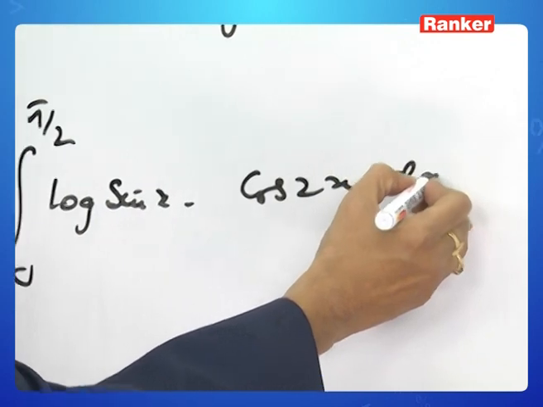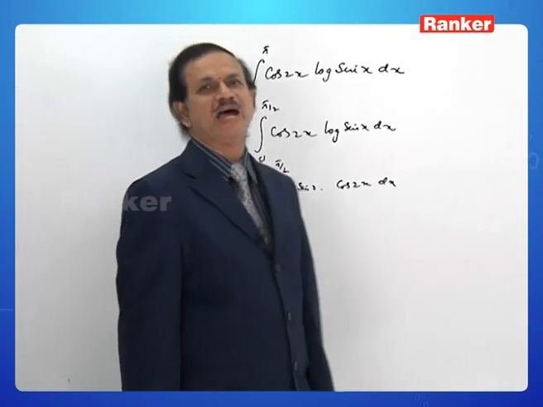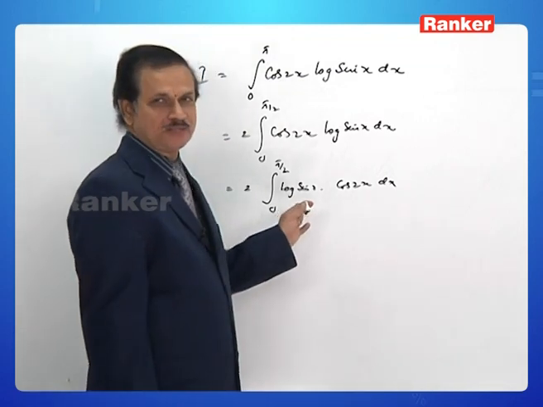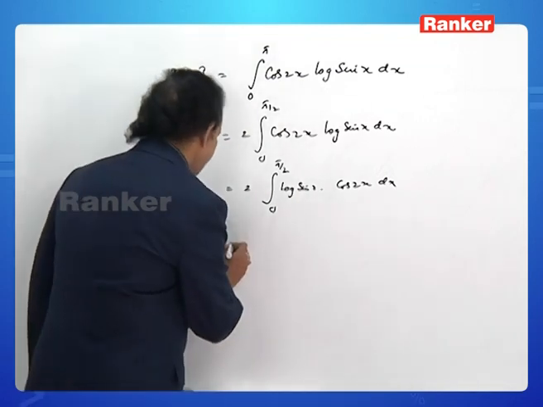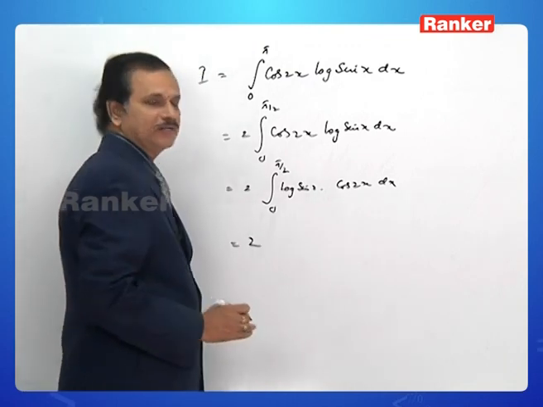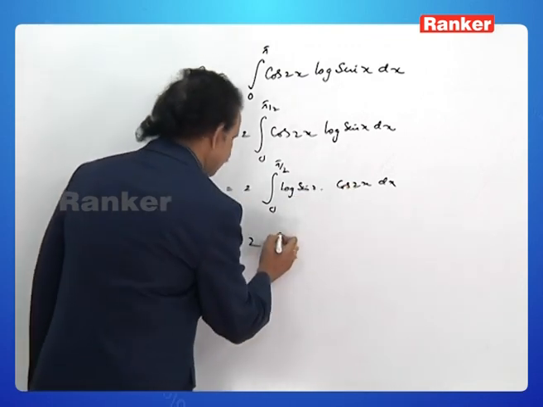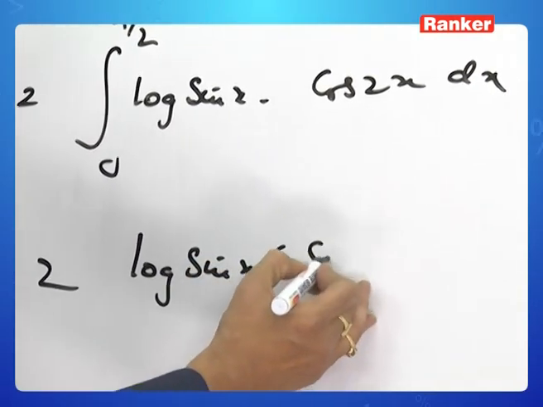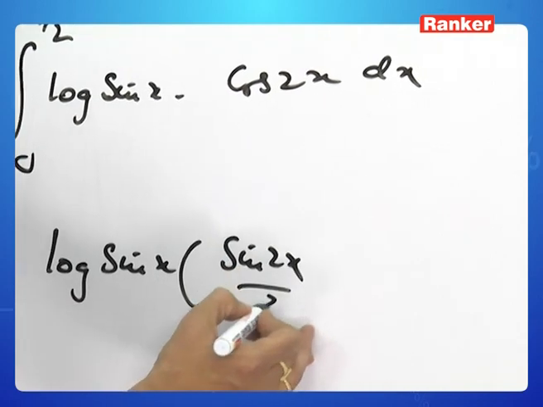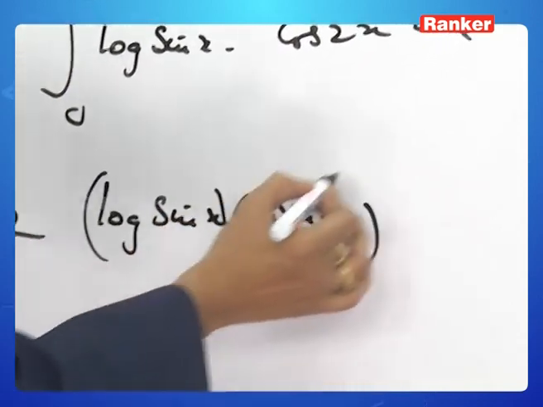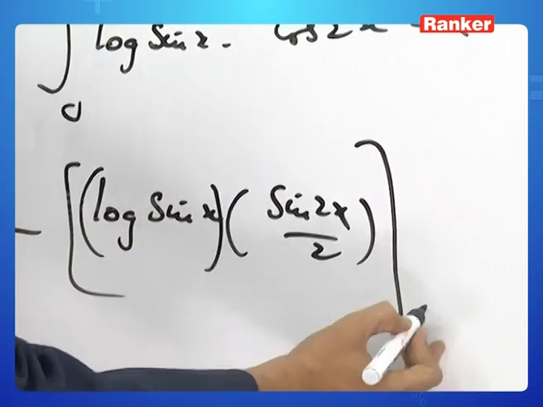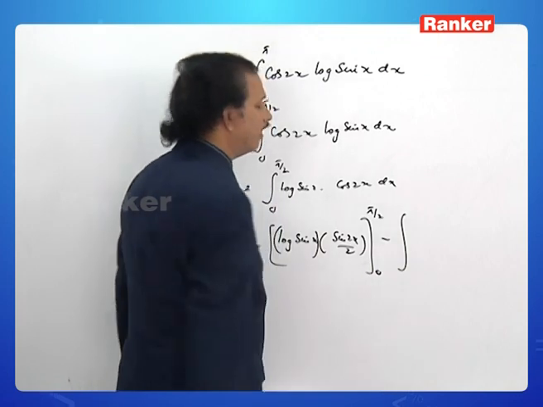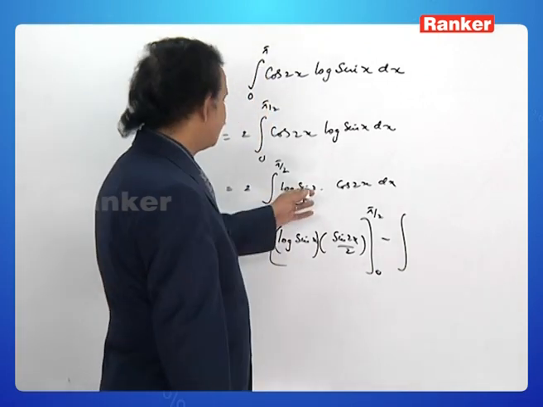That is, I am now going to use integration by parts. Following the Euler rule, the logarithmic function must be kept in the beginning. Okay, using the integration by parts, f of x into integral g of x, that is log sin x into (sin 2x by 2) between the limits 0 to pi by 2, minus integral of derivative of f of x.